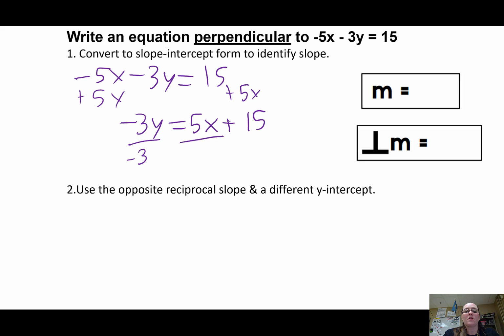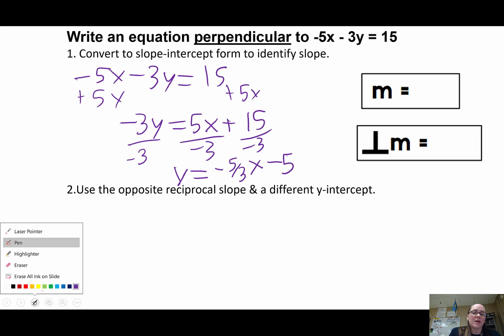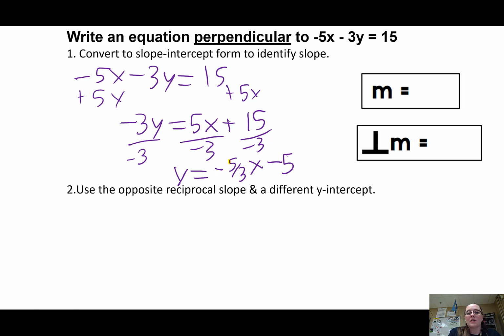Divide everything by -3, giving me y equals -5/3 x minus 5.